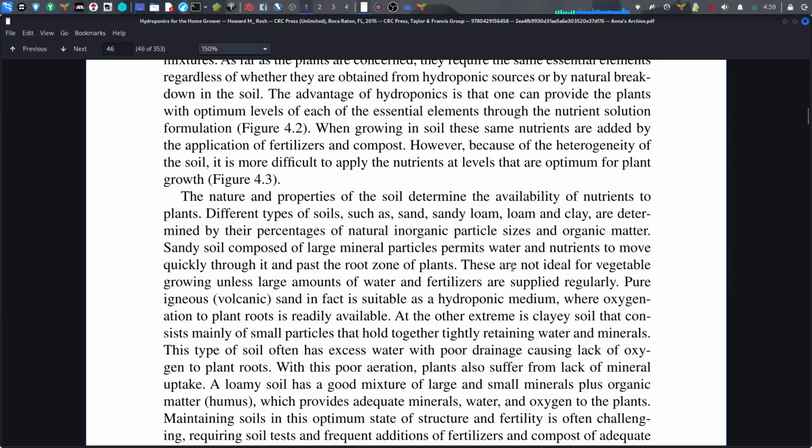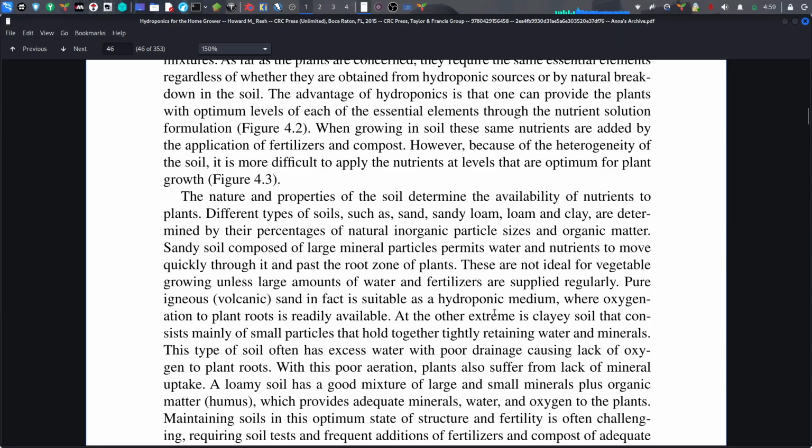These are not ideal for vegetable growing unless large amounts of water and fertilizers are supplied regularly. Pure indigenous volcanic sand, in fact, is suitable as a hydroponic medium where oxygen to plants' roots is readily available.